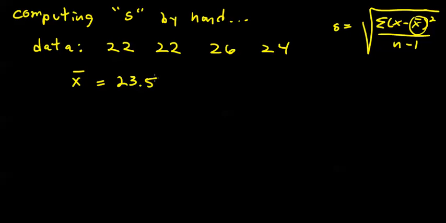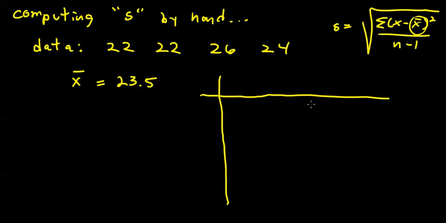Alright, what I'm going to do here is make a table. Call this the table method for computing standard deviation. I'll make a table with 3 columns. I'll have an X column, an X minus X bar column, and an X minus X bar squared column.